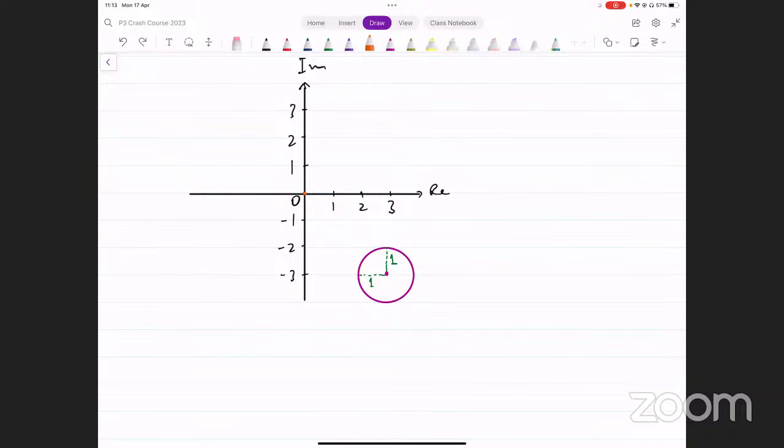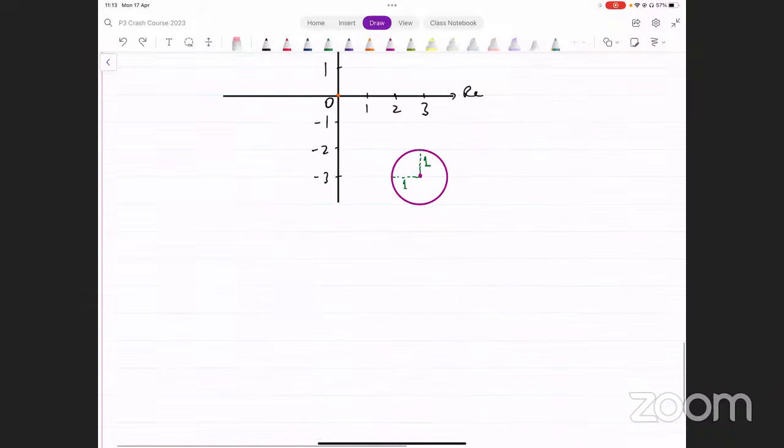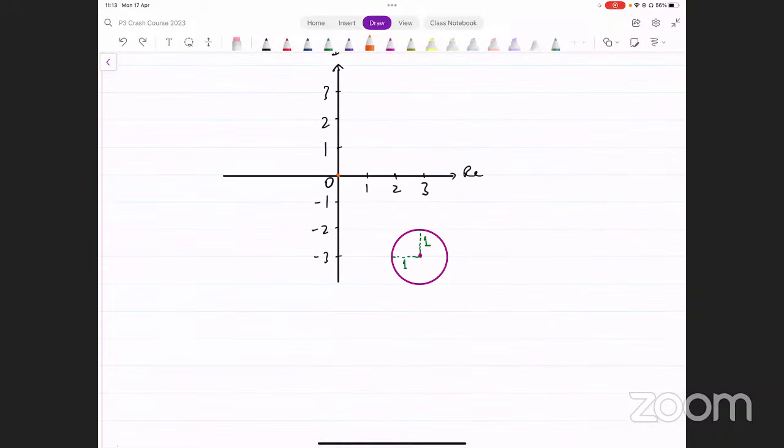If point z was here, it will be a very short distance, but you can keep increasing it now. It keeps increasing and increasing until it goes to the other side like this.